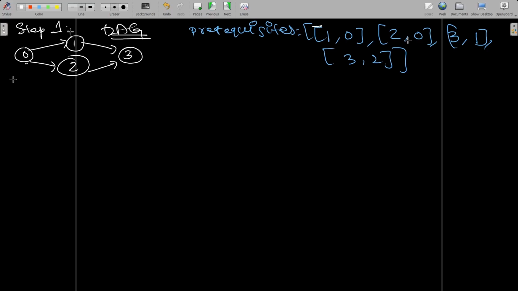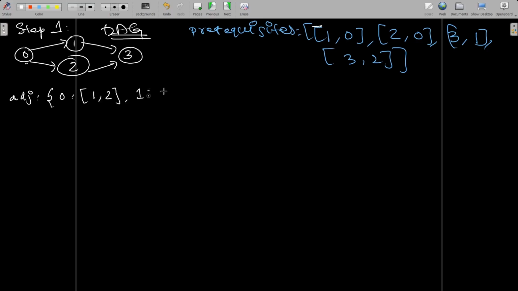Now we move on to the second part of the first step, which is to create the adjacency list. Our 0 is going to have 1 and 2 in its list.